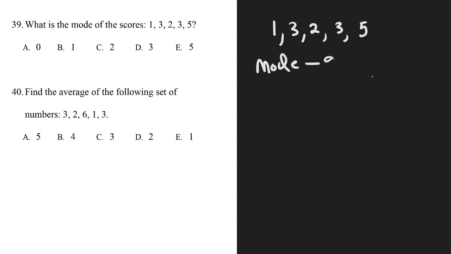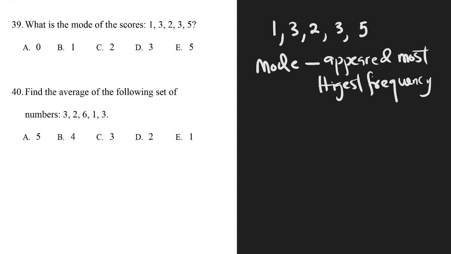And which one appears most? Of course, it is 3. We have 2 of the 3, so the mode is 3. So from our options now, the answer is D. Very simple. Let's move to the next question.